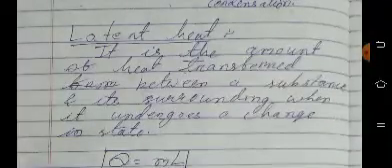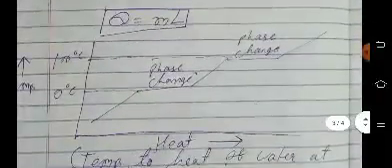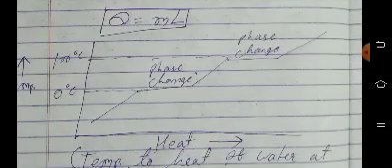Next, guys, we are discussing latent heat. Latent heat is the amount of heat transferred between a substance and its surroundings when it undergoes a change of state. Here Q is equal to mL, where Q is heat, m is mass, and L is the specific latent heat constant.